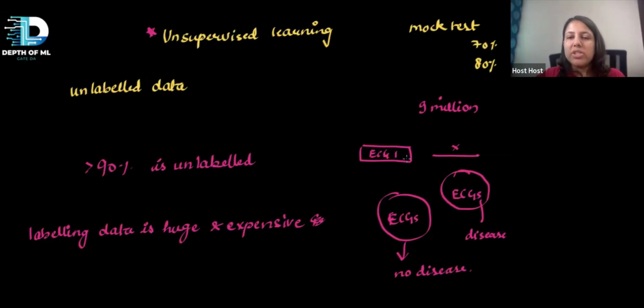There is no information associated with it, like what is the patient age, what is the gender of that patient, or what diseases does this patient have. No information is there. Only on the basis of ECGs, you want to try to gain insights from it. You don't know whether you'll be able to gain insights or not. But there are techniques that we use to see if we can gain some insights from just the data, no labeling.